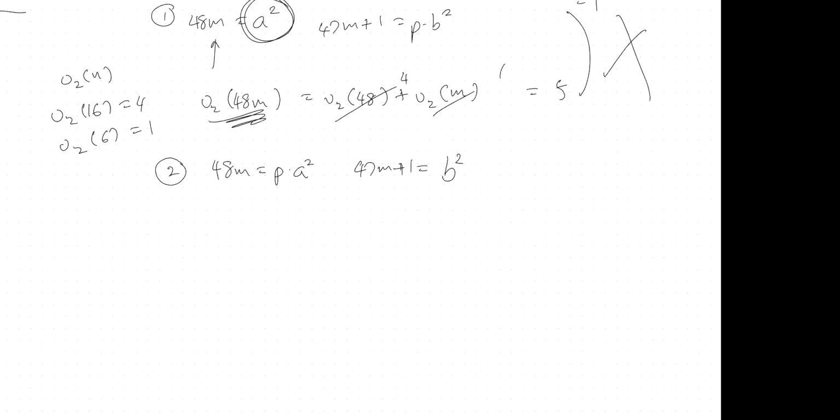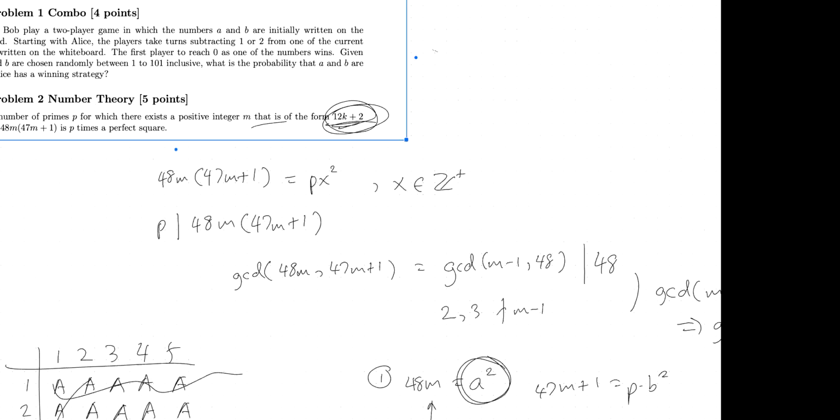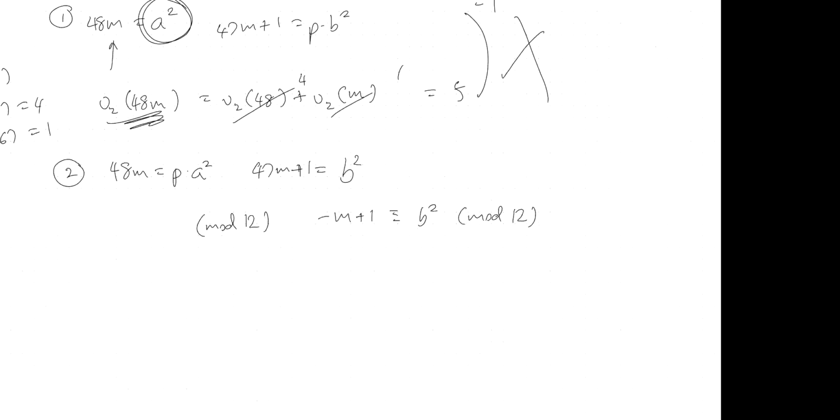If you just take mod 12, it might seem random, but mod 12 is somewhat natural to consider given how close this is to 48. If you take this, you get negative m plus 1 has a remainder of b squared mod 12. We already know what m mod 12 is, so this implies negative 1 has a remainder of b squared mod 12.